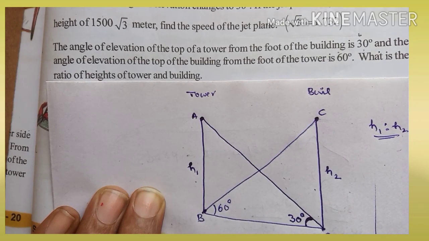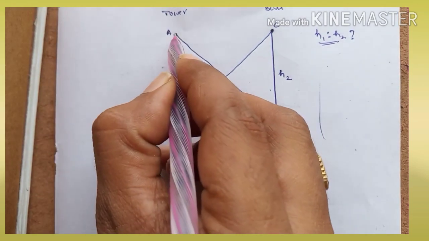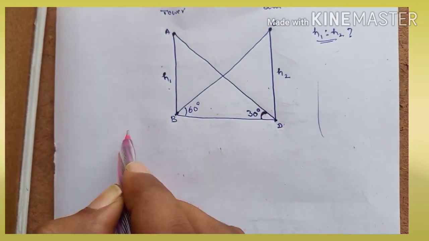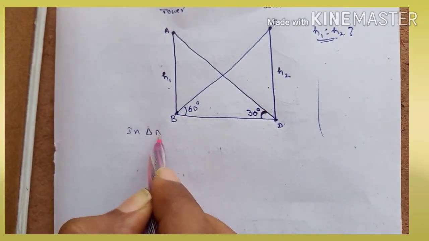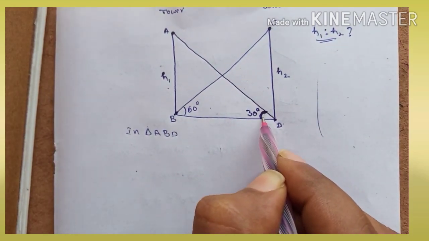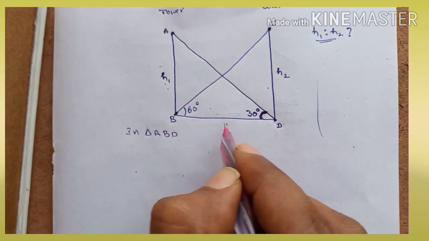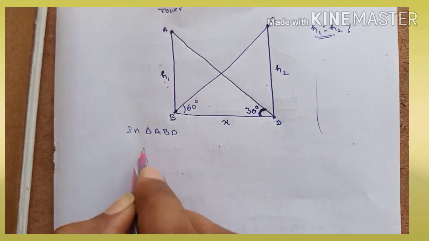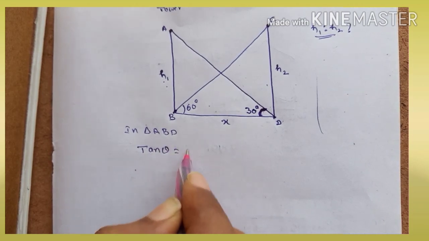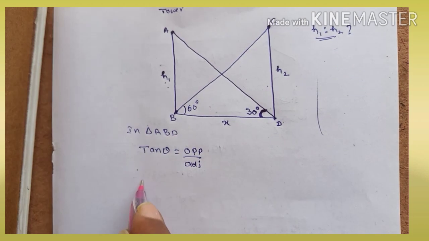Okay, let's solve the problem now. First, triangle ABD. In triangle ABD, the angle is 30 degrees, opposite side is H1, adjacent we don't know, let it be X. So tan theta is equal to opposite side by adjacent side.